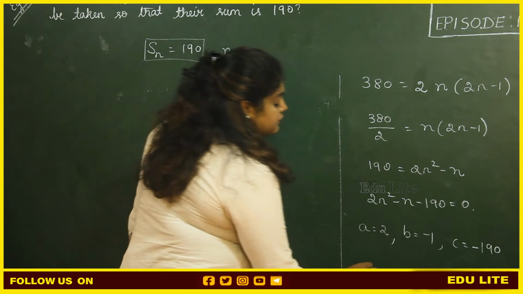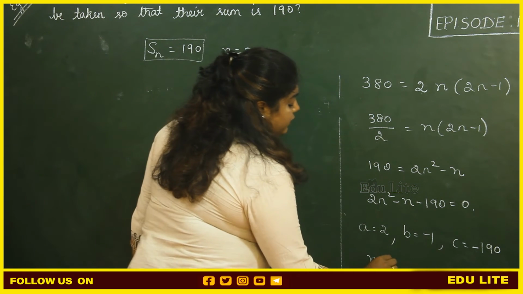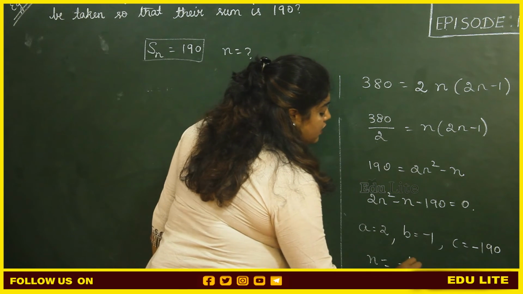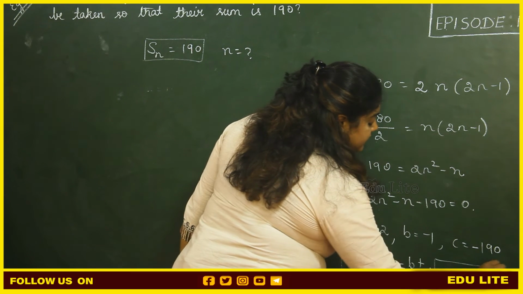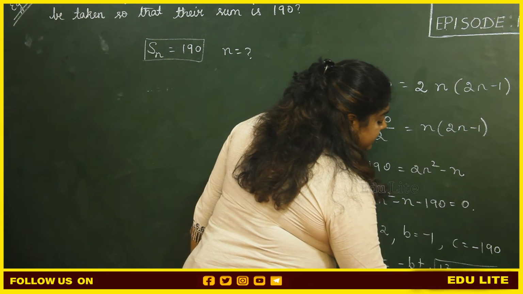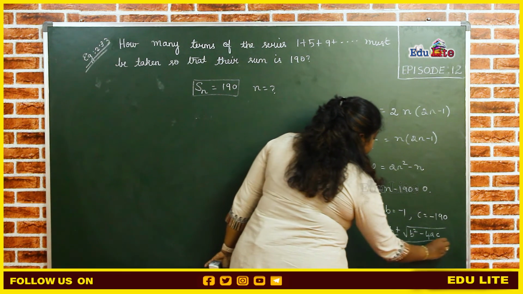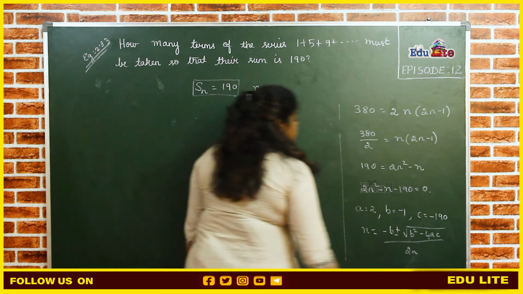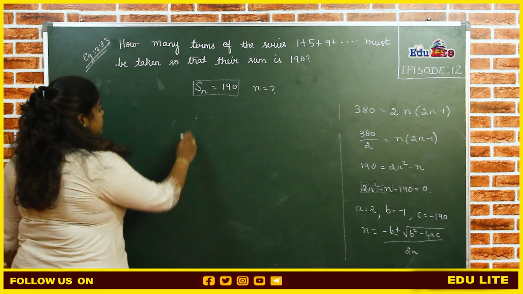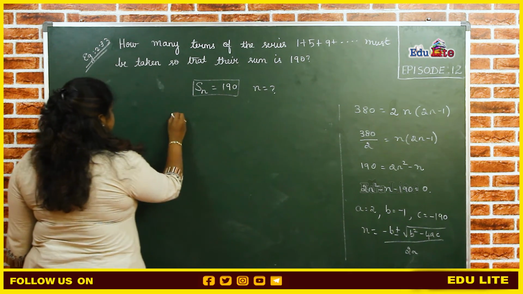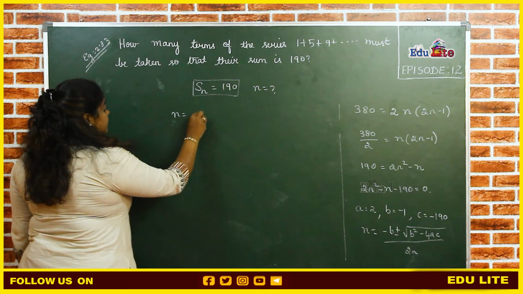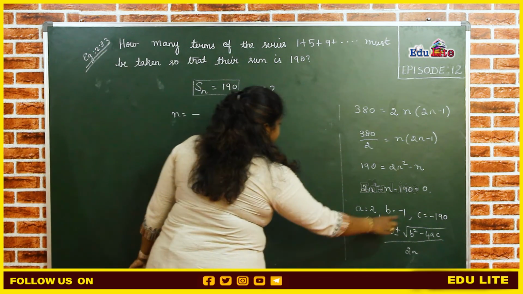Now, we have to use the formula of a quadratic equation, that is n equals minus b plus or minus root of b squared minus 4ac divided by 2a, and we will find the roots of n, which will be the value of n as well. Therefore, n equals minus b. The b value is minus 1.